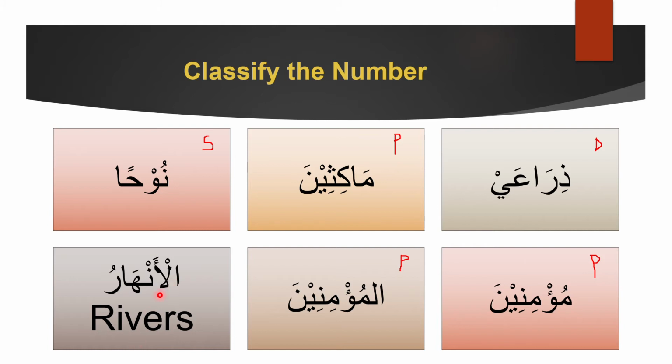Next, al-anharu. First of all, we see that this is an ending sound, which means this can be either singular or plural. We look at the meaning, and the meaning says broken plural, and it's a non-human broken plural, and we know that a non-human broken plural is treated as singular.